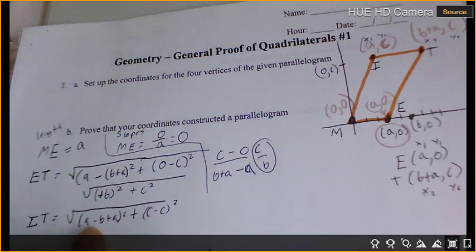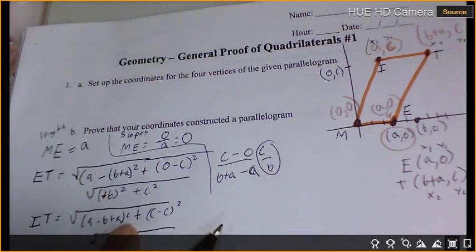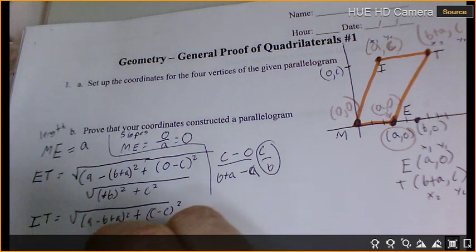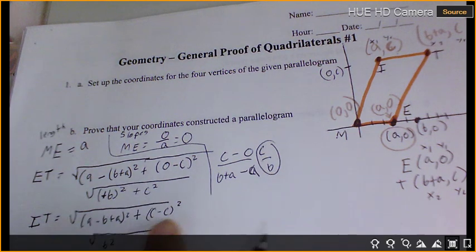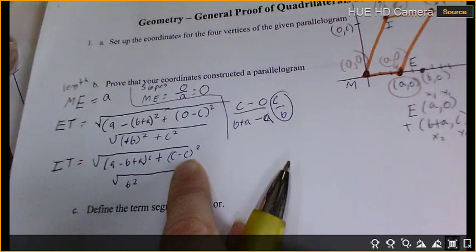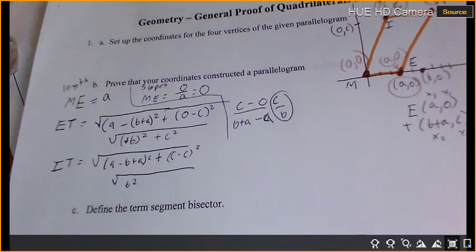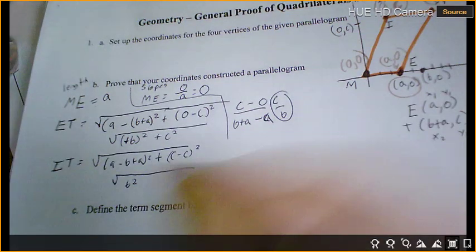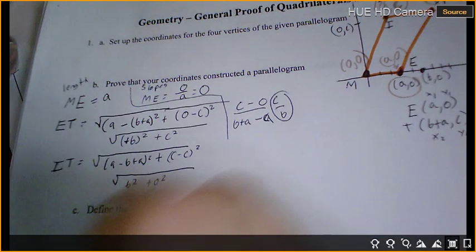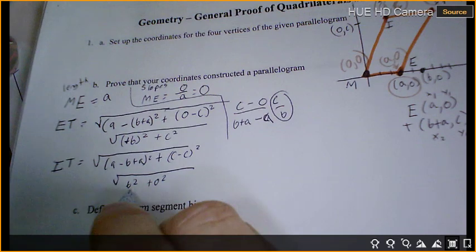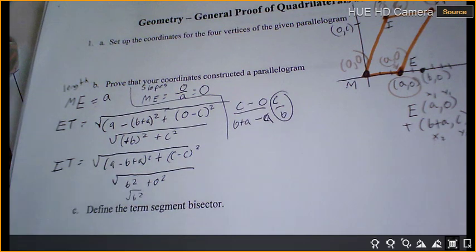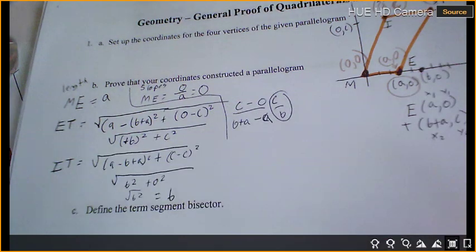We're just going to end up with the square root. A minus A is 0, right? So we're just going to end up with B squared. And C minus C is 0. So we end up with the square root of B squared. And what's the square root of B squared? Just B. So the length of I to T is just B.